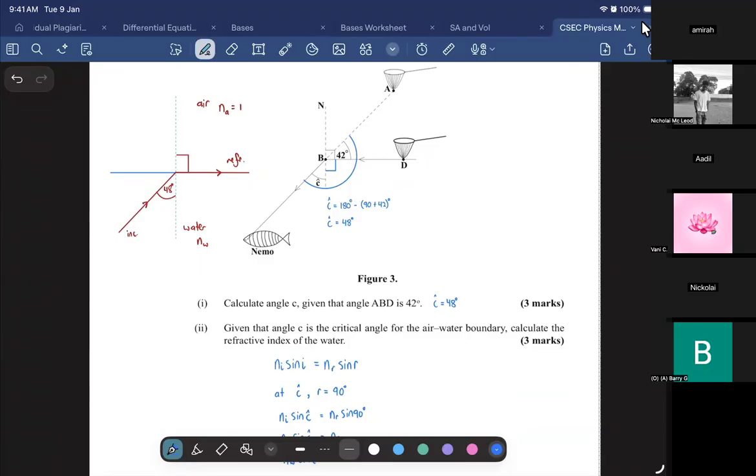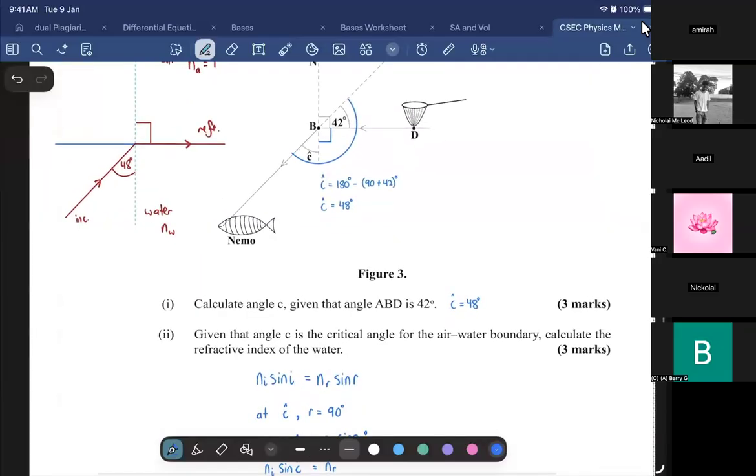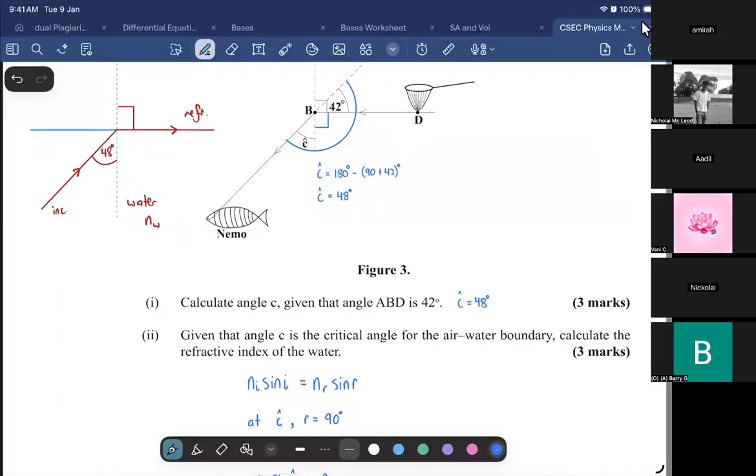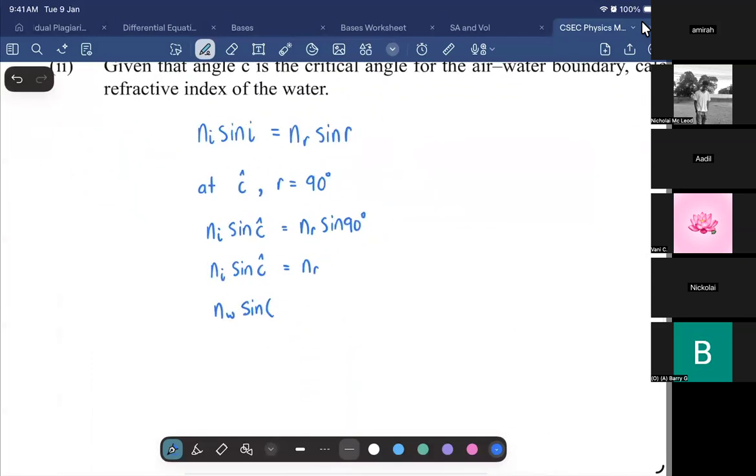Well, we had to find it. It was 42 degrees or something? No. Calculate angle C, and we calculated angle C to be 48 degrees. That's the critical angle. Ah, okay, sir. And that'll be equal to Nr.